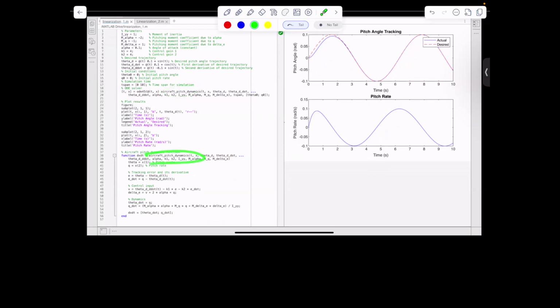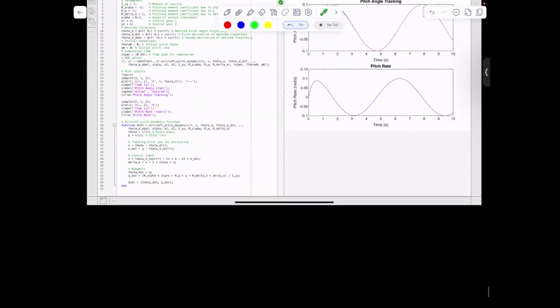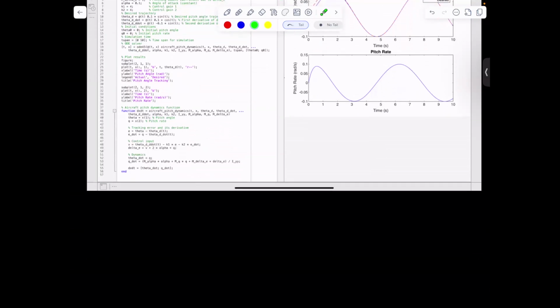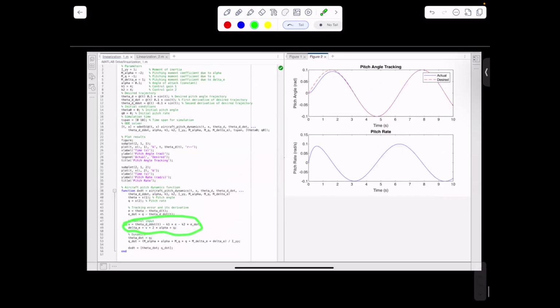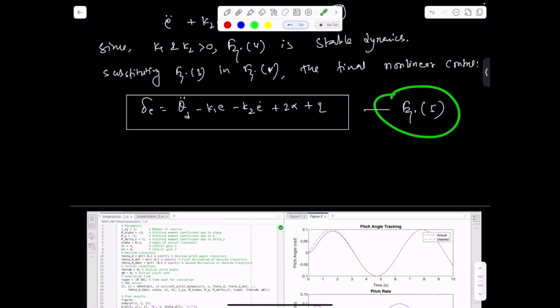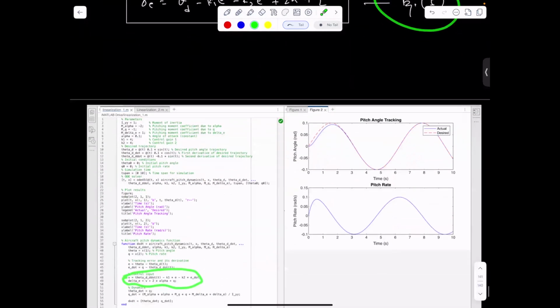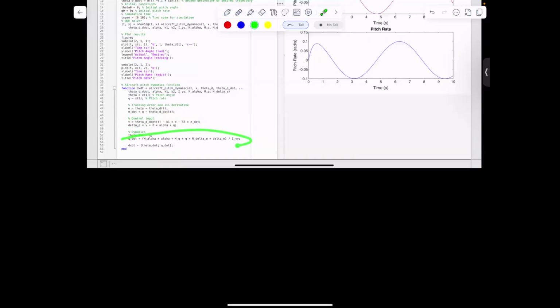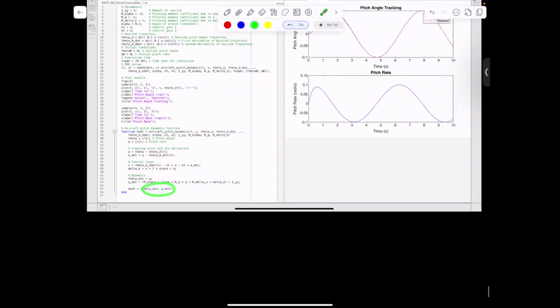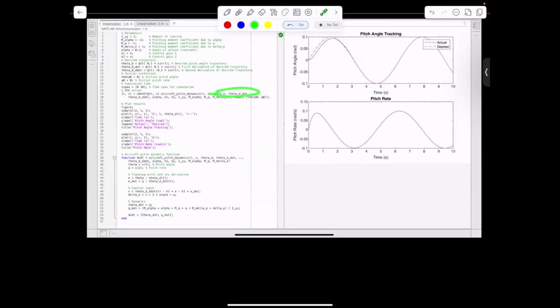And this is the code for the plots, and this is our tracking error, and this is the overall control input we have obtained in equation 5. So this same equation is defined here, and this is our dynamic system, and these are the states going to our function here.